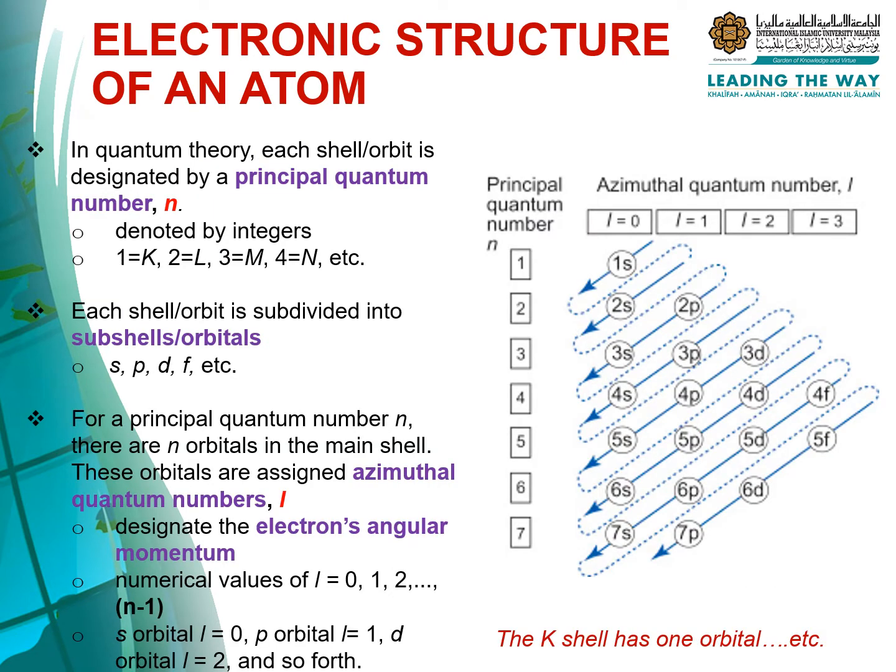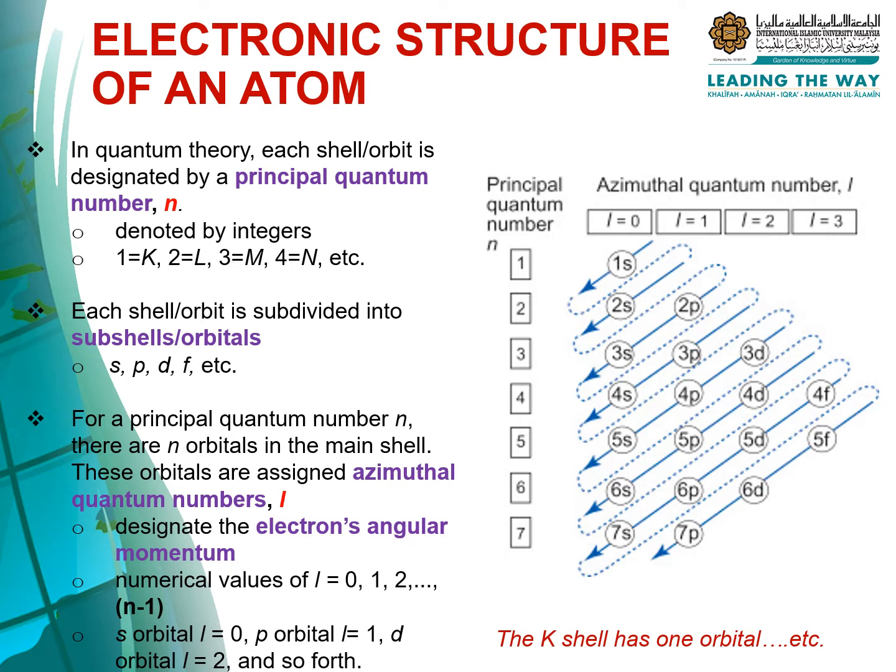According to quantum theory, each shell is designated by a quantum number n, called the principal quantum number, denoted by integers, for example 1 for the K shell, 2 for the L shell, 3 for the M shell, and so on. Each energy shell is subdivided into subshells or orbitals: s, p, d, f, and so on.